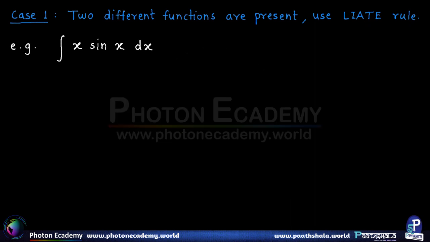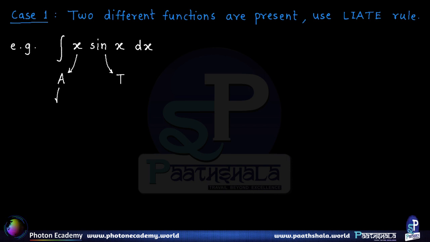These are two different types of function, that is x is an algebraic function and sin x is a trigonometric function. If you recollect LIATE, L-I-A-T-E, the algebraic function comes first and then the trigonometric. So the first function must be considered as u and the second function as v, right?